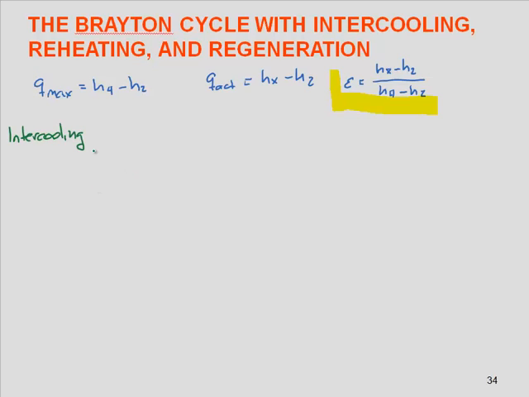So what we can do is, instead of having this situation where we have a big delta P, separate this in two.